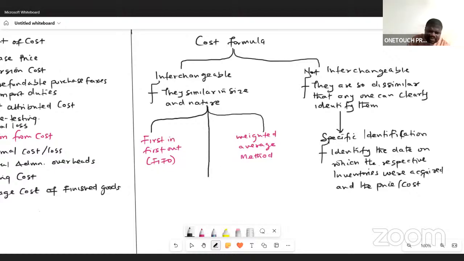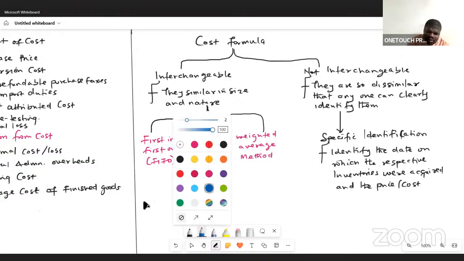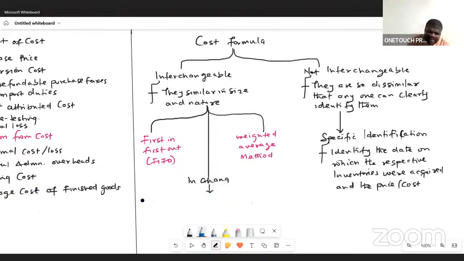Now, in Ghana, the Controller and Accountant General has adopted the weighted average method. In other words, the government has adopted the weighted average method.